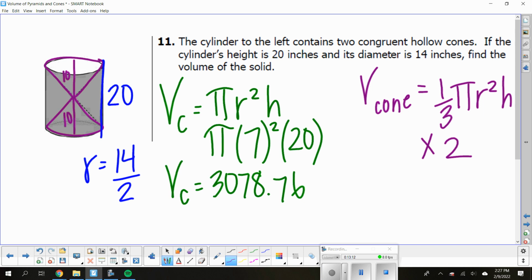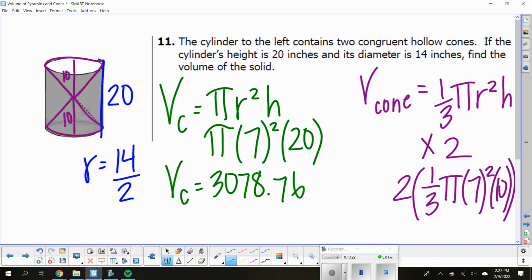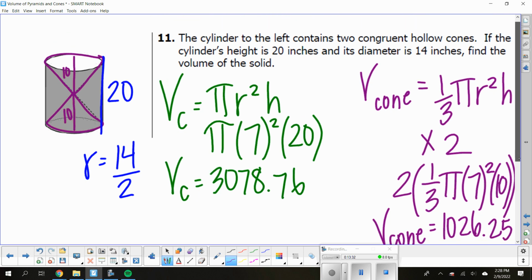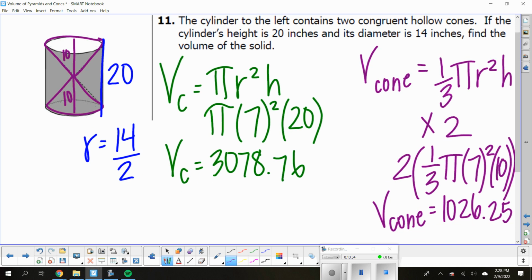Okay, so we should be doing 2 times our 1/3 pi. Our radius is still 7 squared, but our height is 10. For the volume of the cones to be 1,026.25. Now, that's not what they were asking for. It said it contains 2 hollow cones.